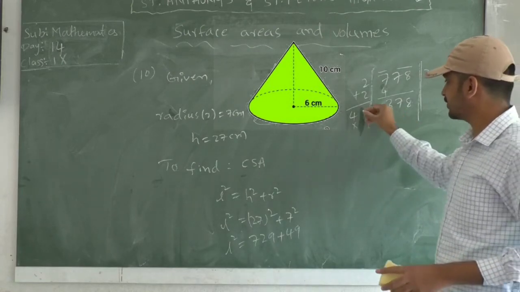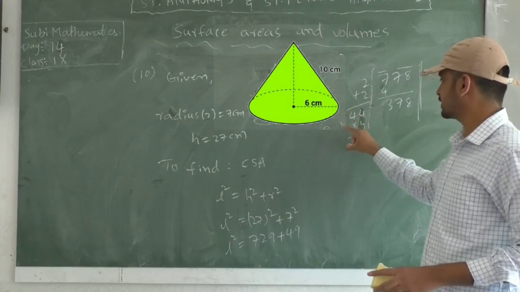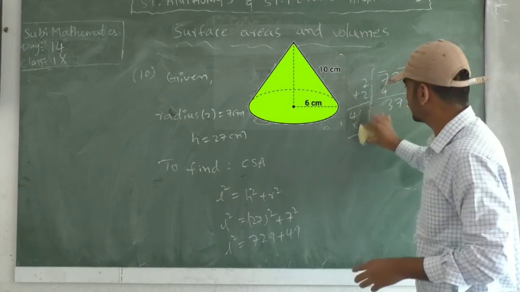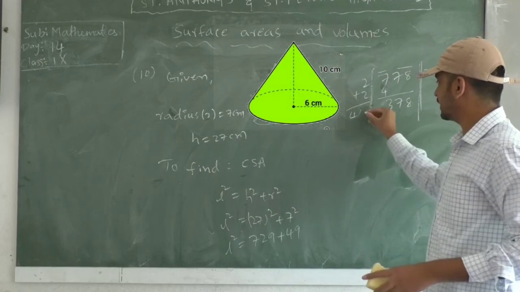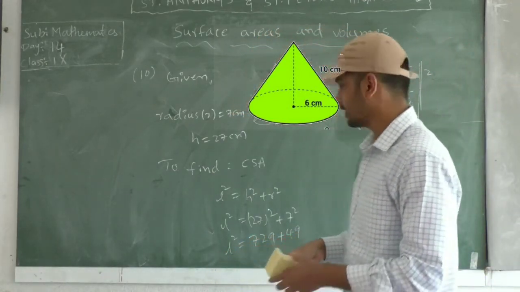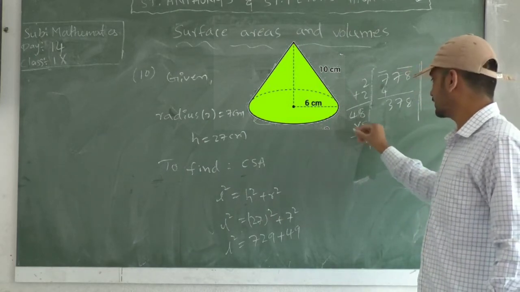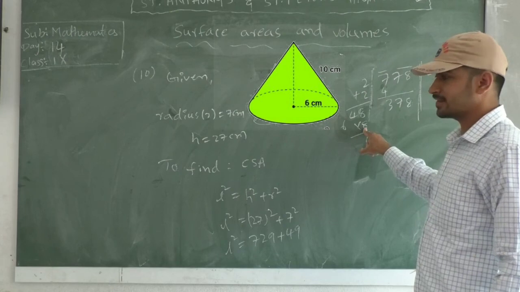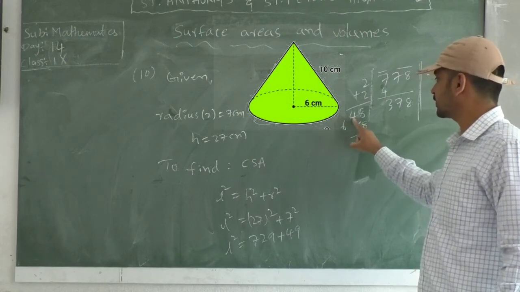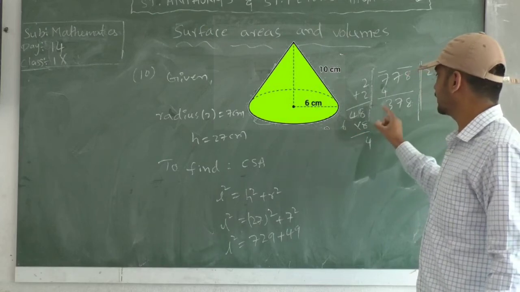Try 4: 4 into 4, 16, still less. Check 8: 48 into 8 is 384, which is more.